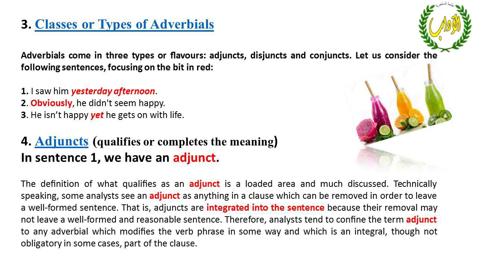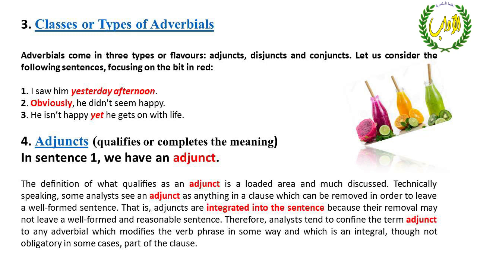So in the first sentence, we have an adjunct. And as shown in point number 4, adjuncts qualify or complete the meaning. In sentence 1, we have an adjunct. The definition of what qualifies as an adjunct is a loaded area and much discussed. Technically speaking, some analysts see an adjunct as anything in a clause which can be removed in order to leave a well-formed sentence.